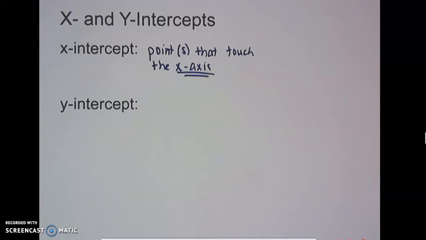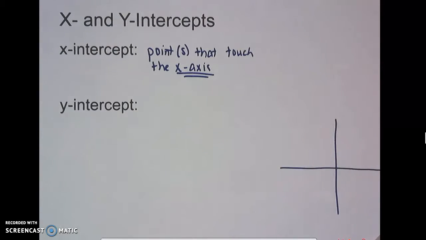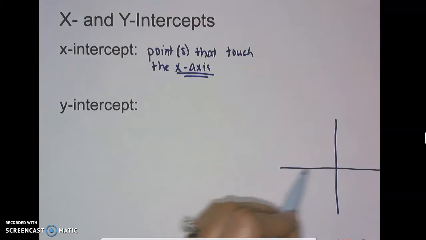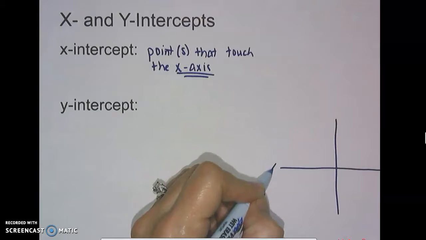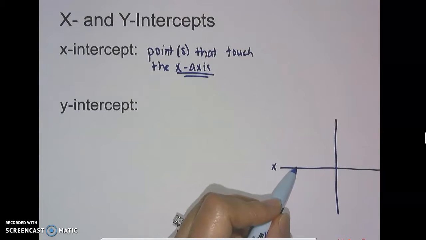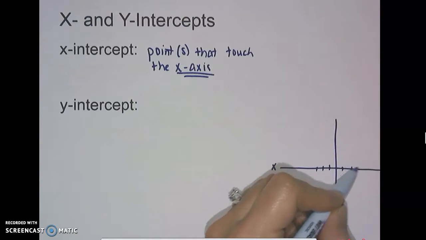So what does that mean? What do all of those points have in common? So if we look at, let's see, I'll draw this graph here. If we look at a graph here for a second and it's an x-intercept, that means it's happening here. Here's the x-axis. What do all of those points have in common? So every single one of these points, let's say we have a few here.